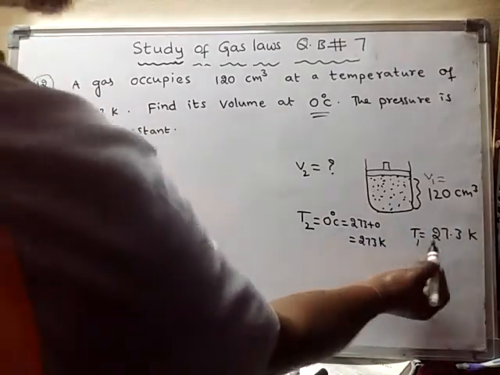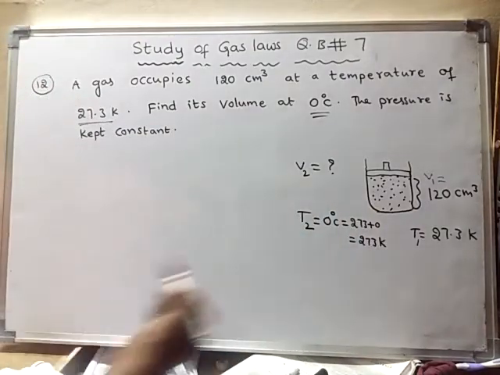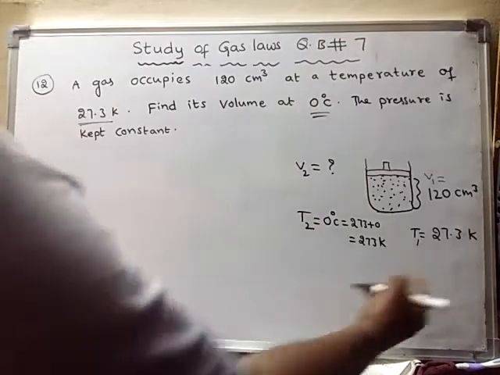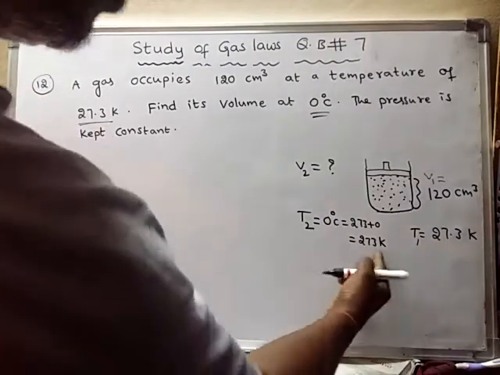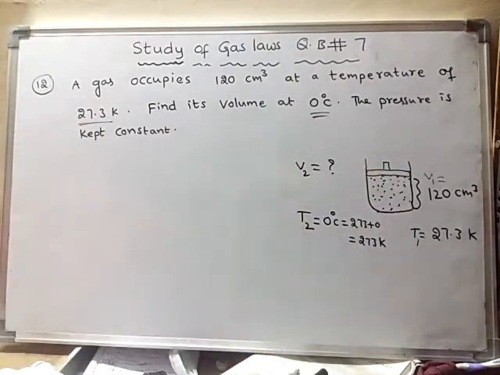When the temperature changes from 27.3 to 273 Kelvin, what will be its volume? There is a rise in temperature by 10 times, so the volume should also increase by 10 times.